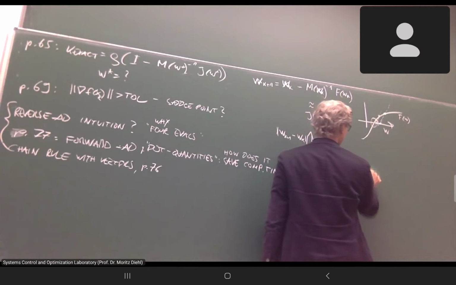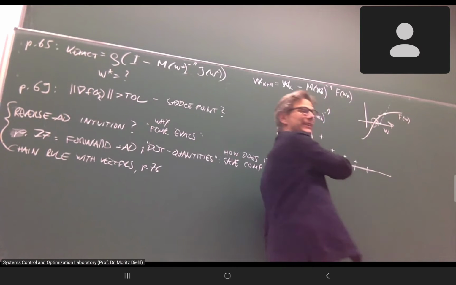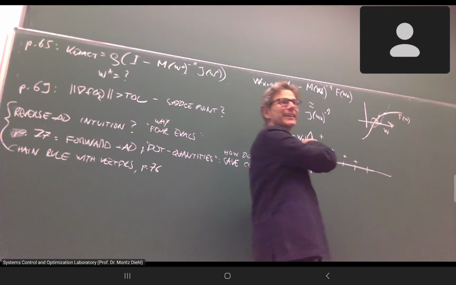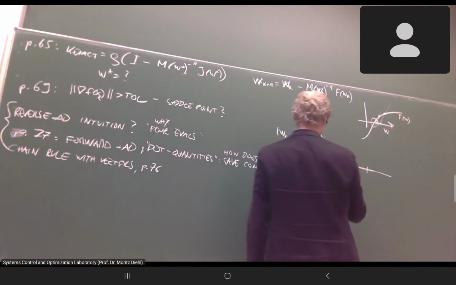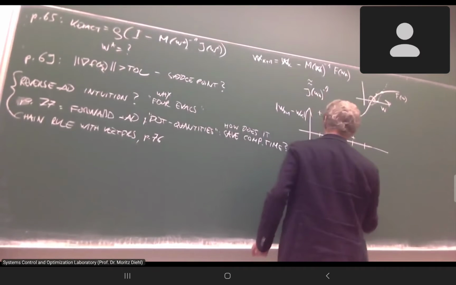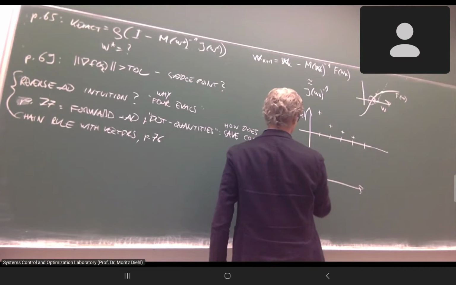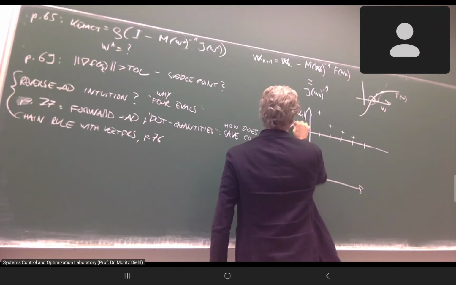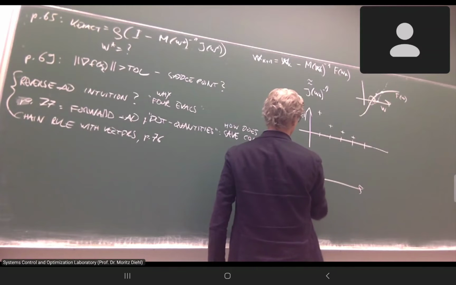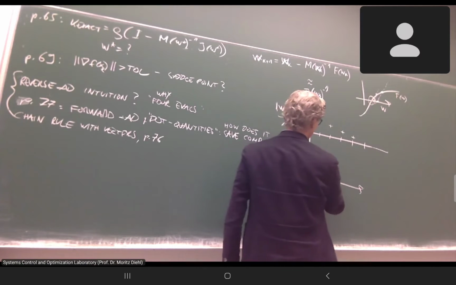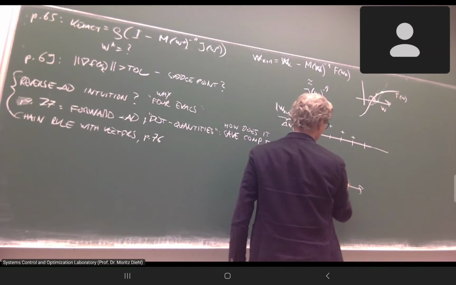At least at some point. It should shrink, right? Otherwise it wouldn't converge. And so if you now plot this in the log, then you have here the log of that. If I have this log plot, then it will look something like this.